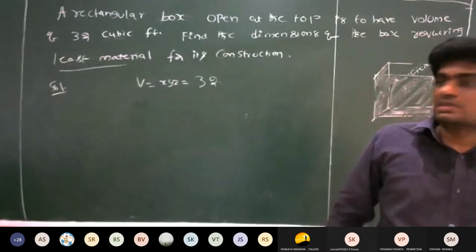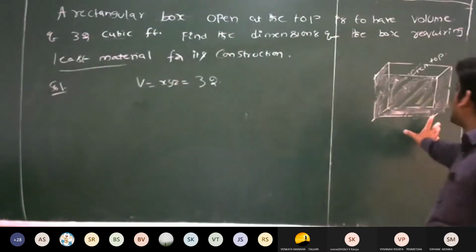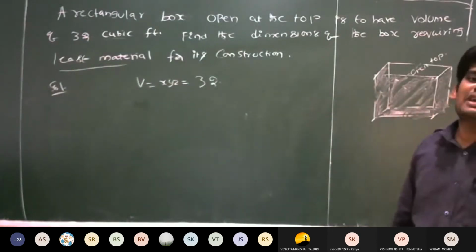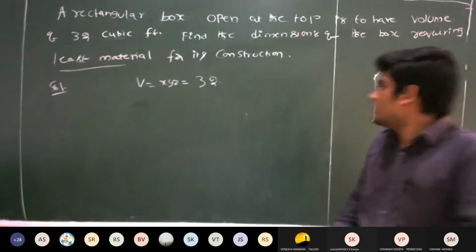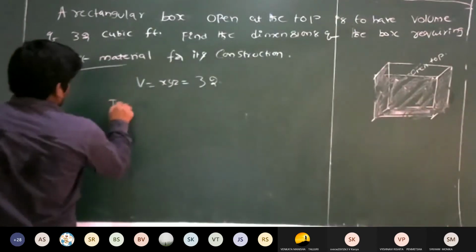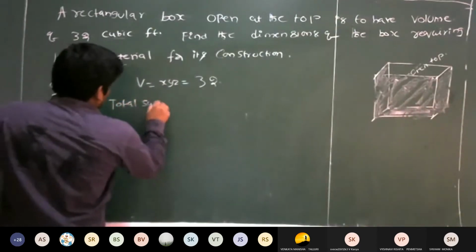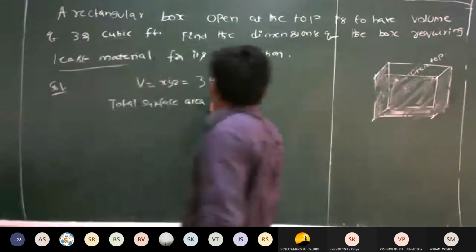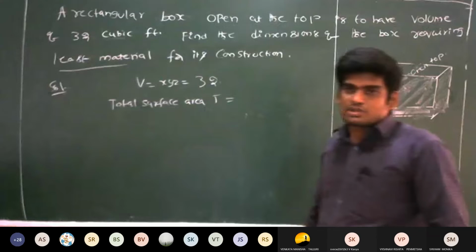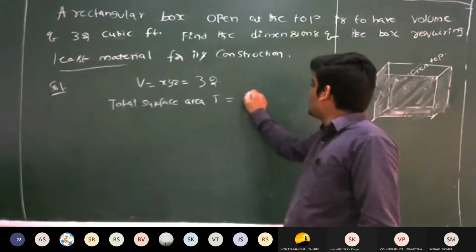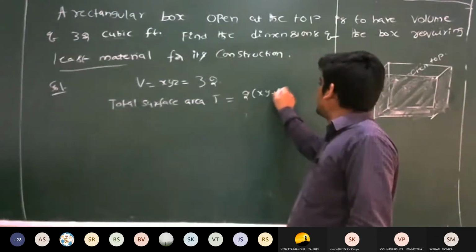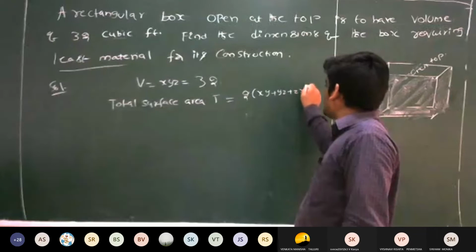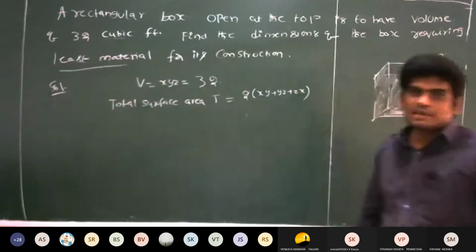For this rectangular box we have the surface area. Actually, the total surface area T, originally, is 2 into xy plus yz plus zx.